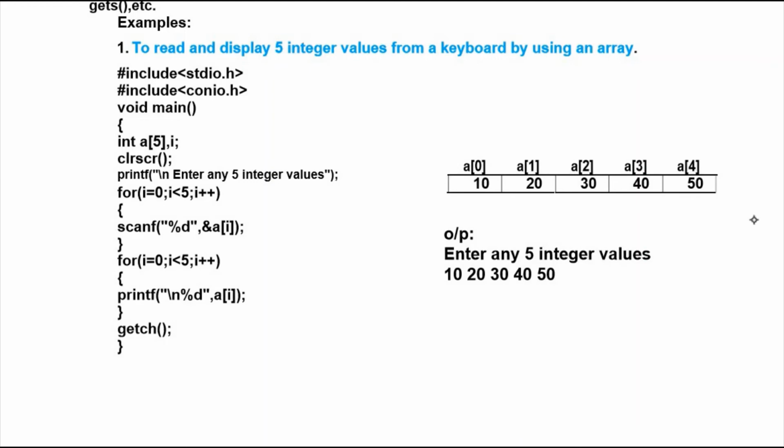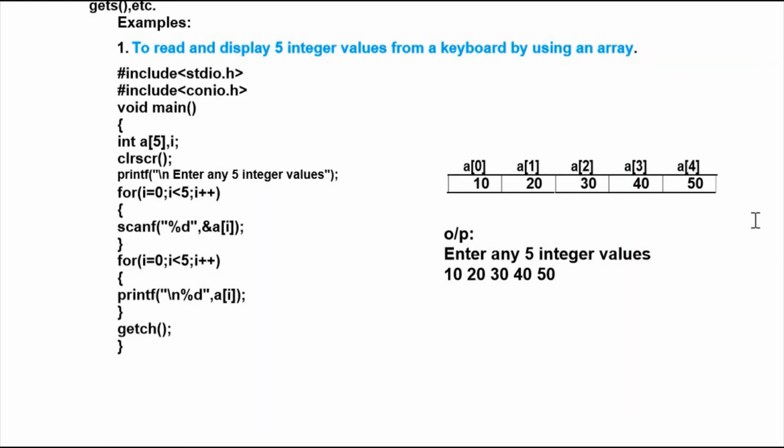Now inside the main program, I am having the declaration part, that is an integer array of 5, and I have one more integer variable i. I am using clear screen. Now I am saying printf enter any 5 integer values.